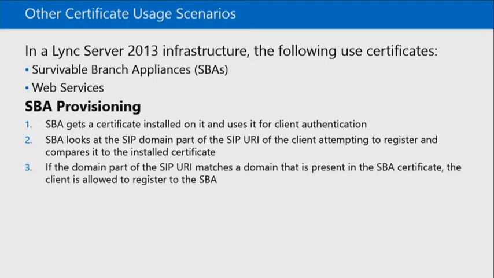They will provide you some ability to get a TLS cert on that thing, and when that SBA tries to sign in, it gets that cert that's installed on it and uses that for client-level authentication. It looks at the SIP domain of the SIP URI and tries to use that against the installed cert that you've put on the box, and if it matches, it'll let you register.